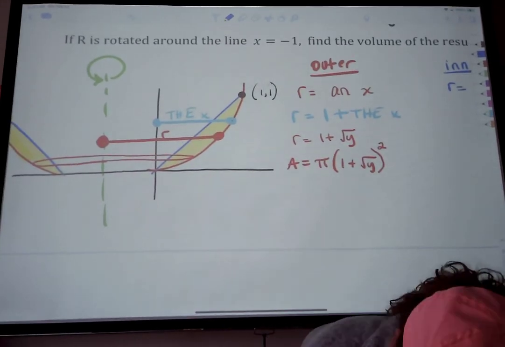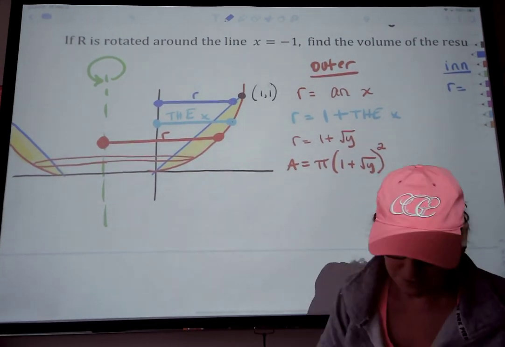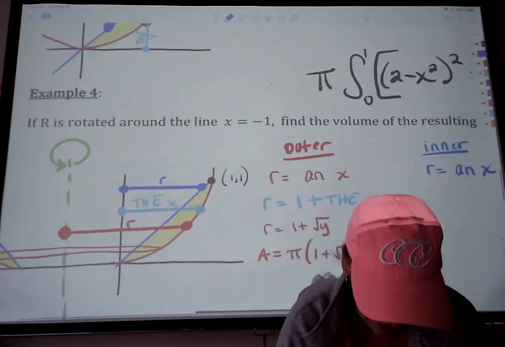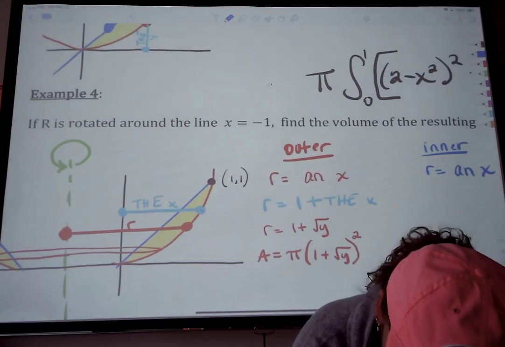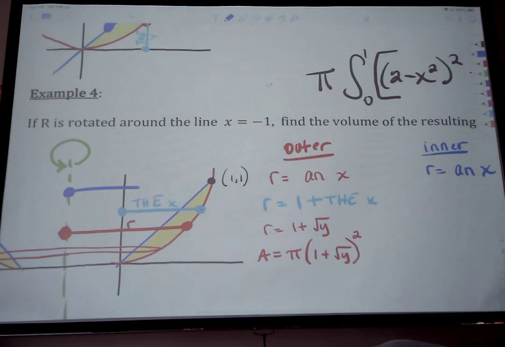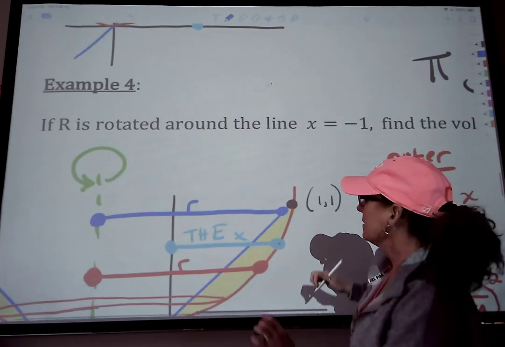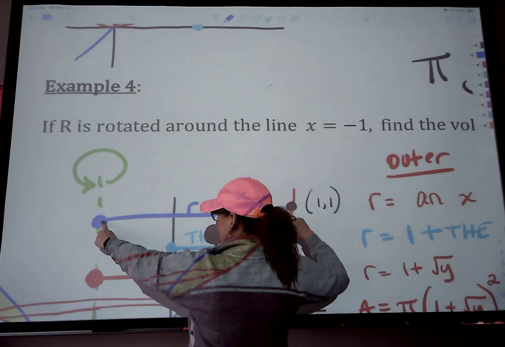Okay, and just to show you, blue is going to go from here to here. Just kidding. I did not just do that. The radius goes from the center of the revolution all the way to the function. Okay, there's my blue radius.